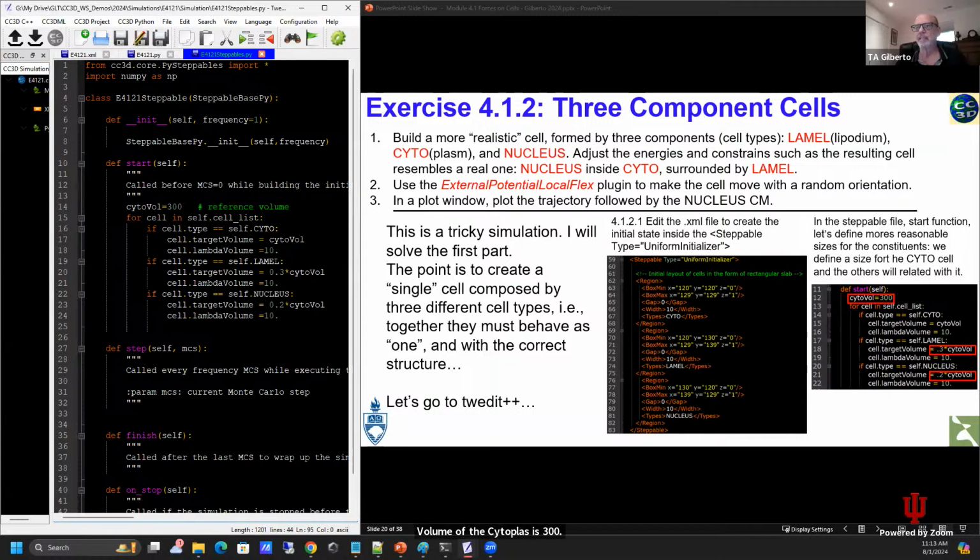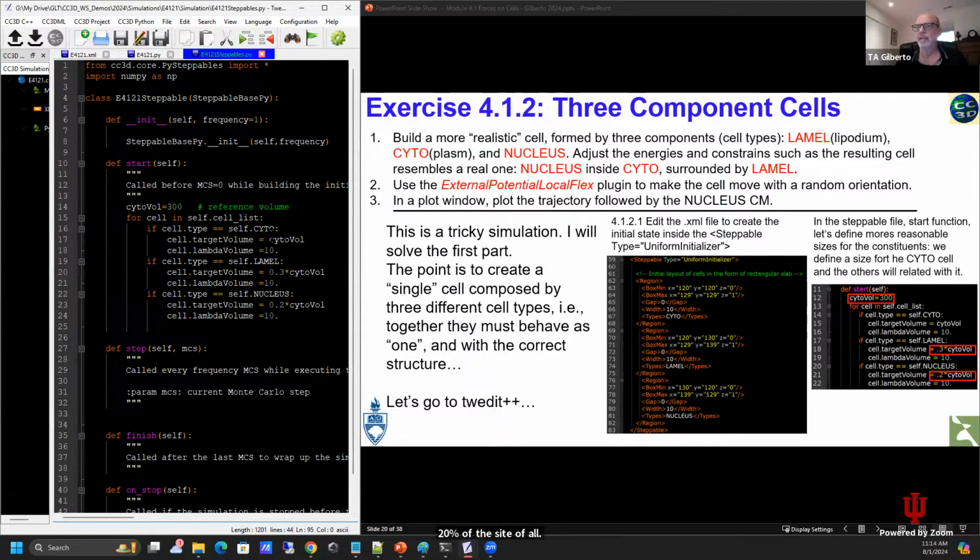So I would say that the volume of the lamellipodium part is 1/3 of the volume of the cytoplasm, and the volume of the nucleus is 20% of the cyto volume.